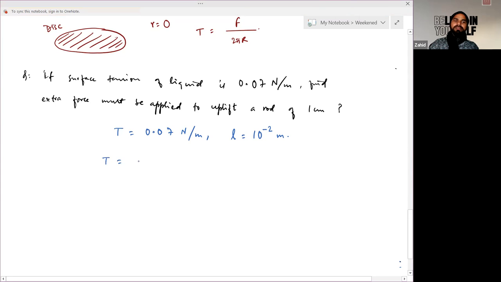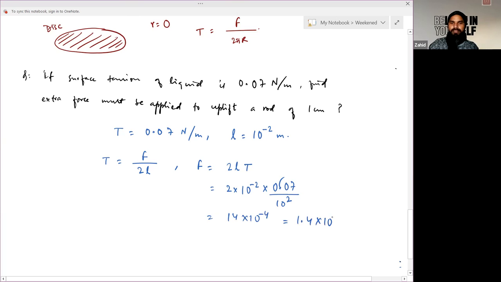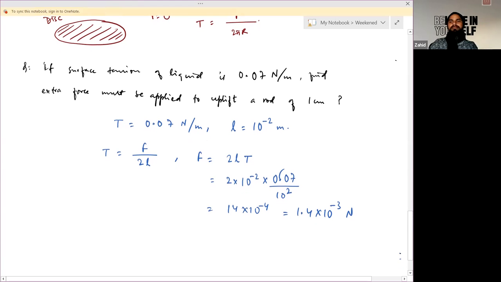So according to the formula, surface tension equals force divided by 2 times L. So force will be equal to 2 times L into T. On putting all the values, 2 into 10 to the power minus 2 into surface tension 0.07. 7 into 2 will be 14 into 10 to the power minus 4, or 1.4 into 10 to the power minus 3 Newton. Is it clear?